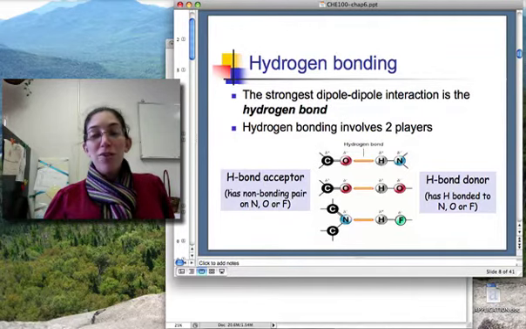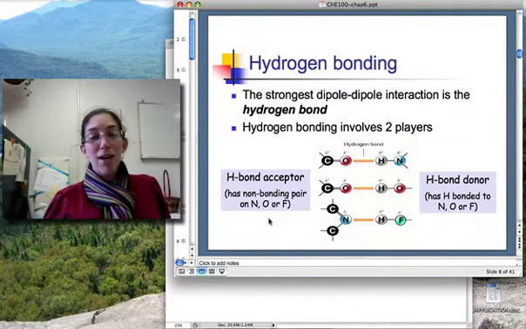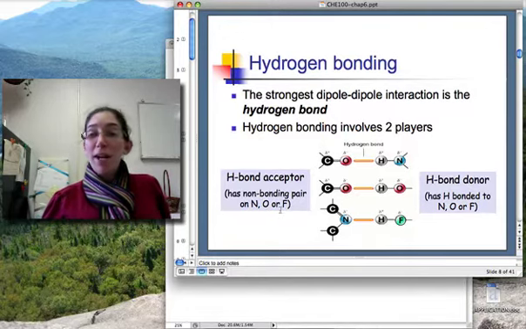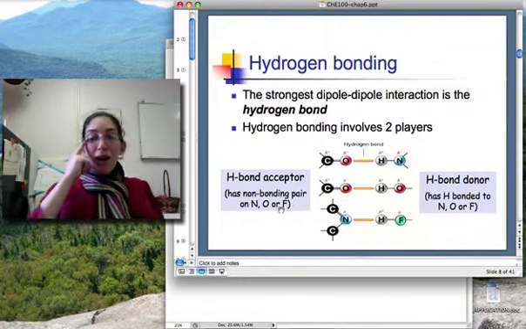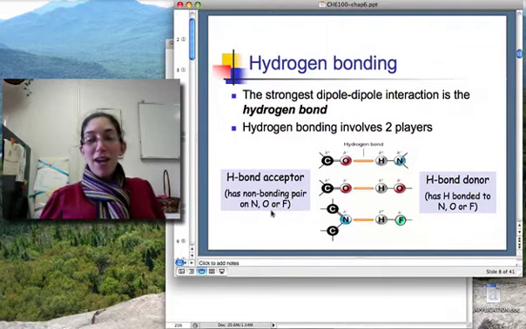A hydrogen bond acceptor is a nitrogen, oxygen, or fluorine that has a non-bonding pair. Pretty much all of these molecules always have a lone pair, so they can accept a hydrogen bond.